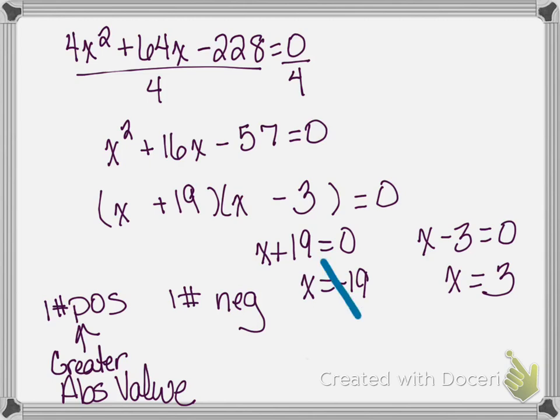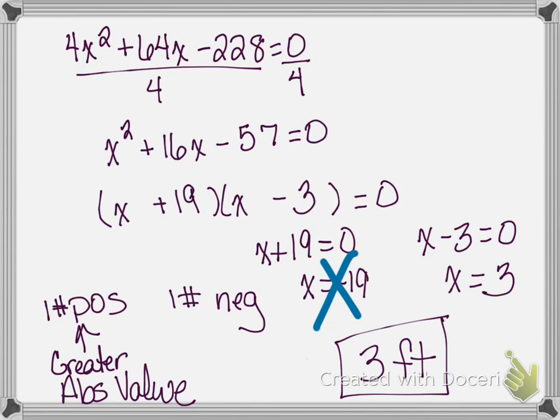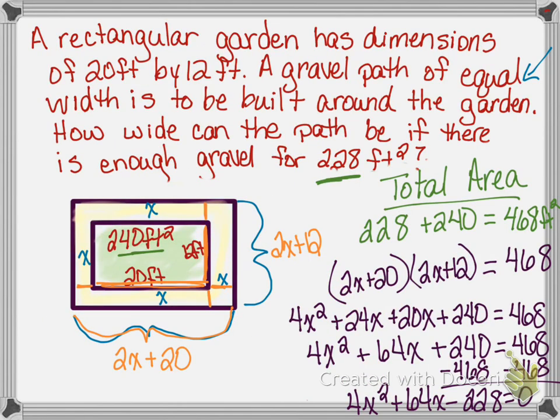Okay, what can you tell me about the negative 19? It's not going to work. We're talking about a negative number. We cannot have a distance that's negative. So the answer is 3 feet. Now I want to go back to the picture. What this is telling me is that my yellow, this right here, is 3 feet.